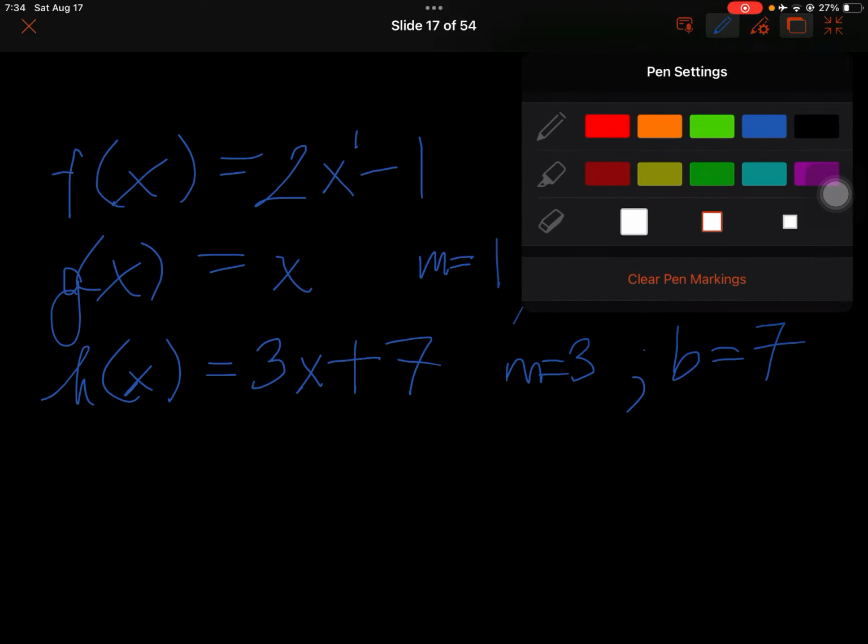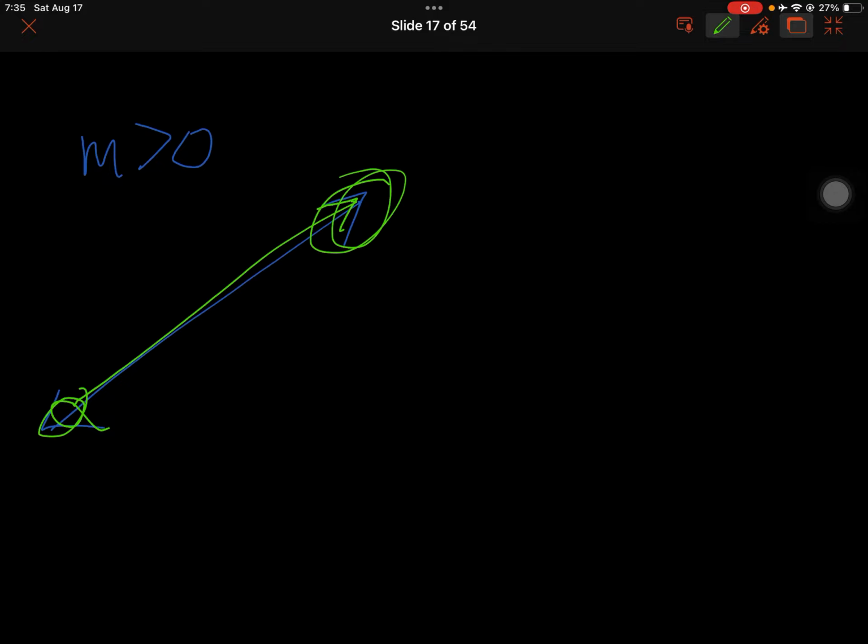Now, with regard to the graph, if the slope is positive, the graph looks like this. Okay, so it goes upward from the lower left going to upper right.